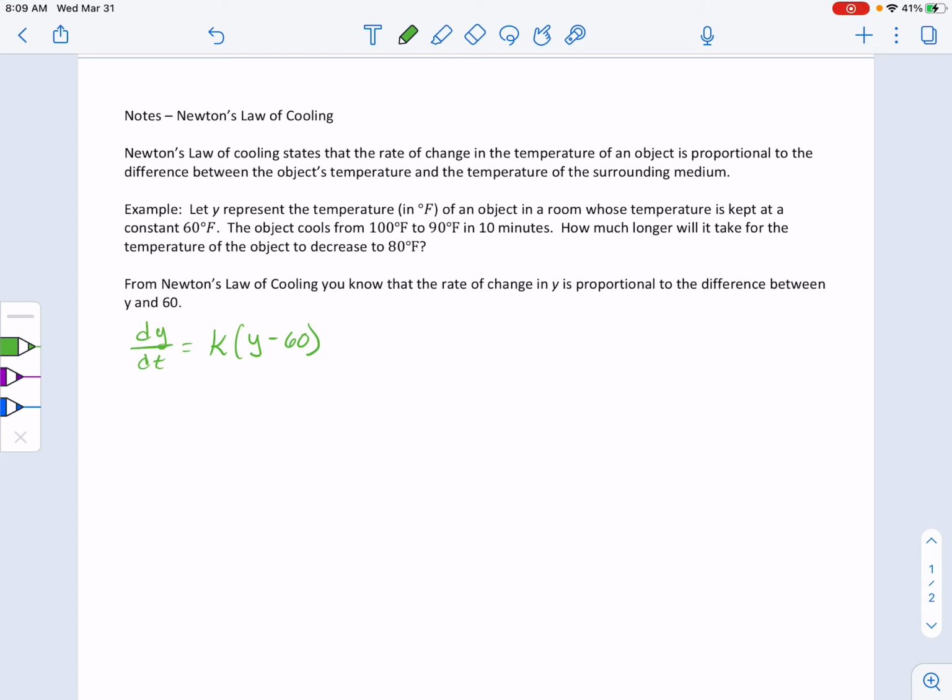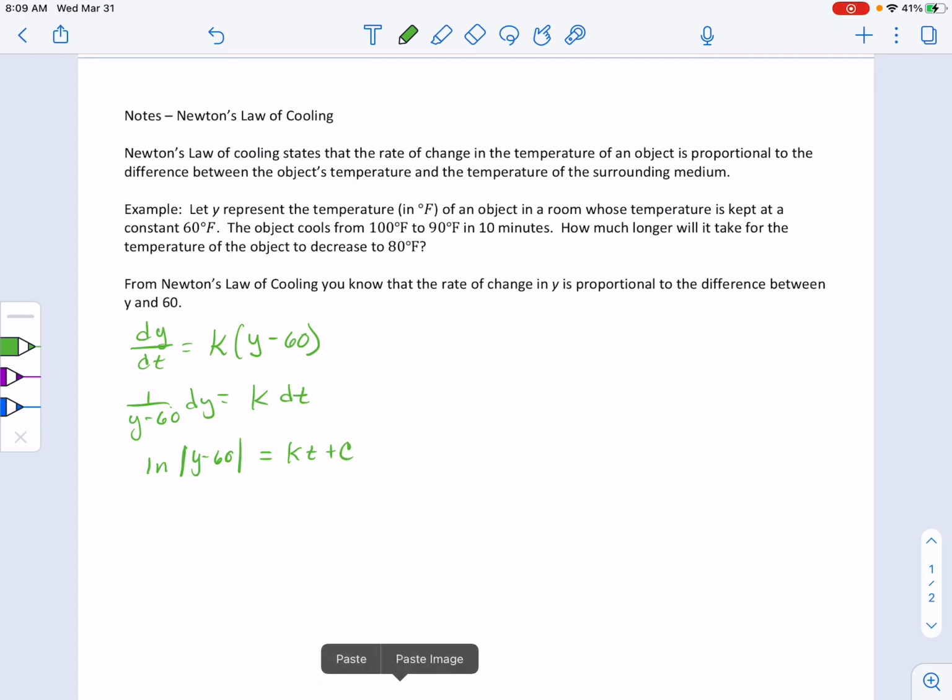And then you separate your variables: 1 over (y minus 60) dy equals k dt. You know that's the natural log, so you have the natural log of y minus 60 equals kt plus c.